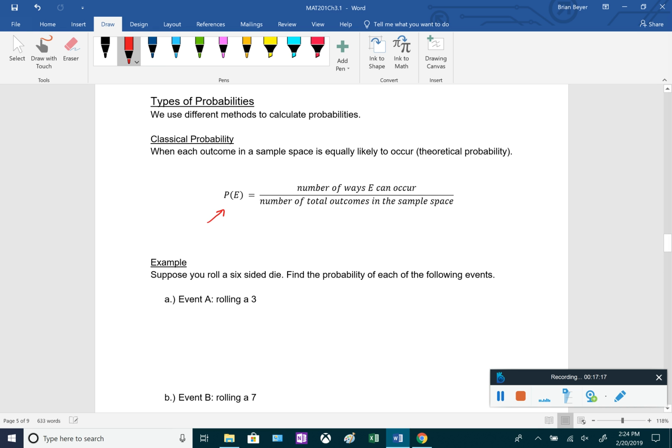This P with parentheses and then E is read as the probability of event E. So the probability of event E happening is the number of ways event E can occur divided by the total number of outcomes in the sample space.